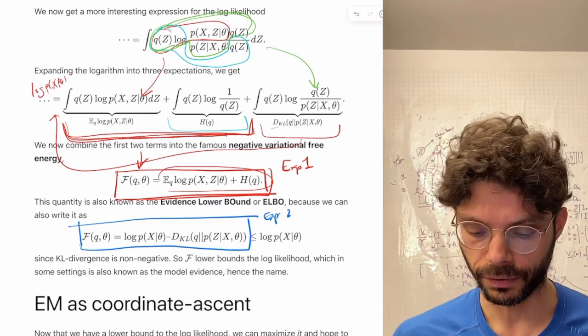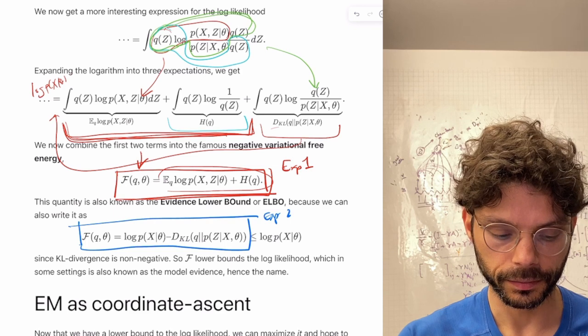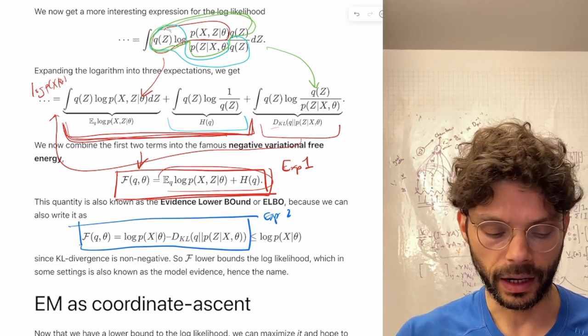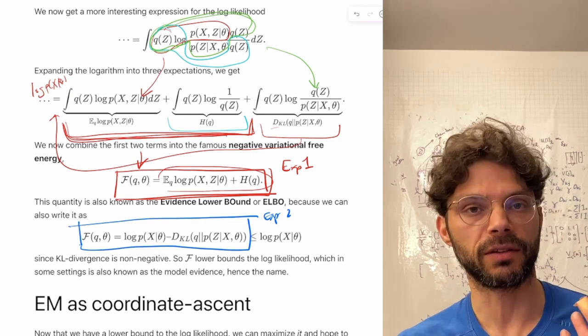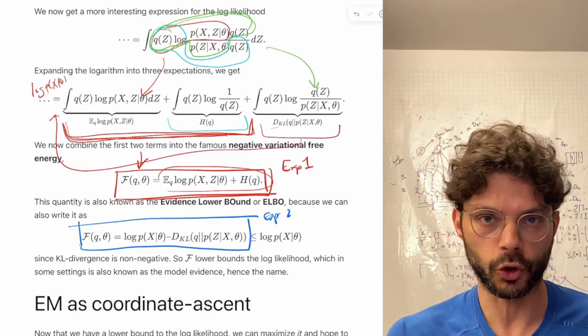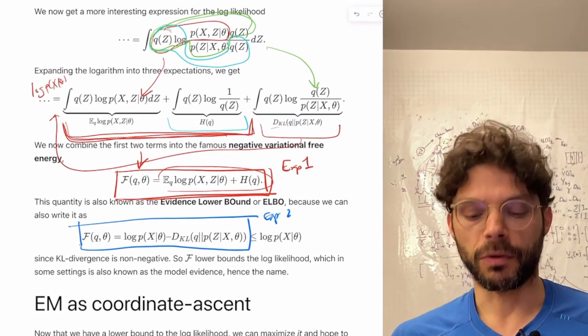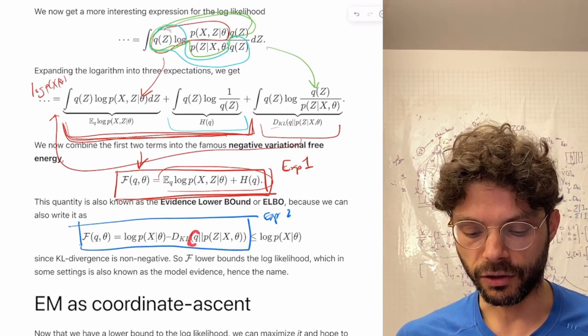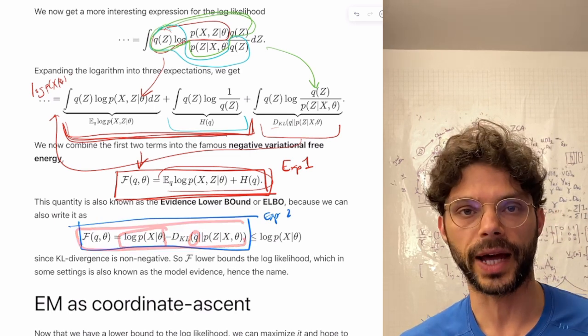Why are they useful? It's because we want to maximize with respect to q and with respect to theta, the distribution and the parameters. If we want to maximize with respect to the distribution, we can use this expression, because it's got two terms, but the log likelihood doesn't have q in it.